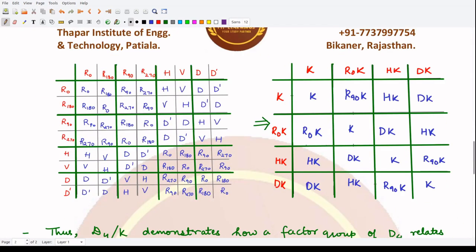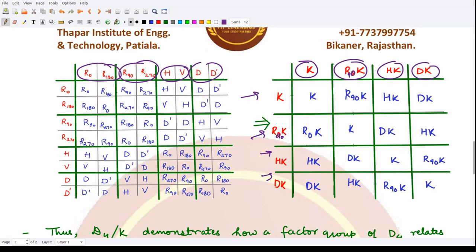So as you can see, we can write them as K, R90K, and then this as HK and this as DK. Similarly here as well. Now these blocks, what do they represent?